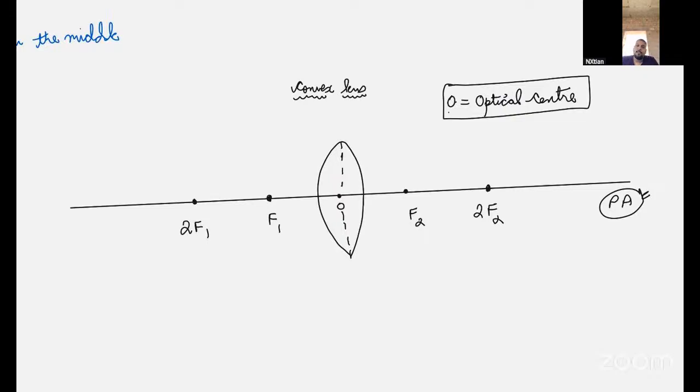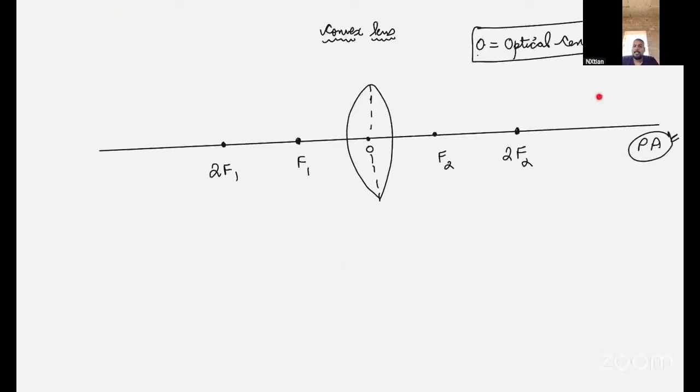Now why is it written so? Go and ask the person who wrote the book why they wrote 2F1 and not C. Okay? I am a healthy person, don't eat my head. Okay guys? So these are some values that we need to learn: optical center, principal axis, 2F2, 2F1, F1 and F2. Got it everyone?